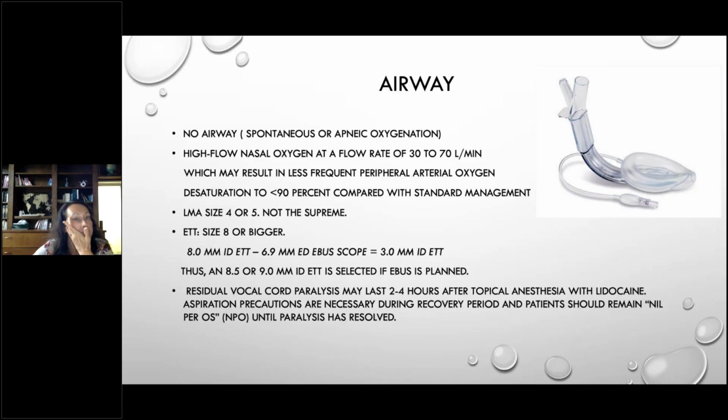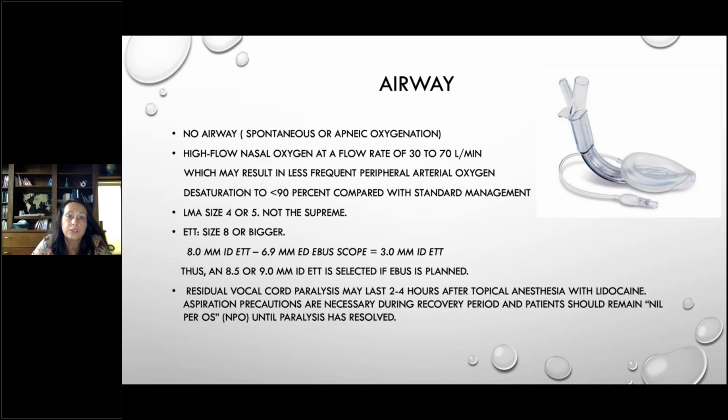If we decide to intubate the patients, we should intubate them with a large size endotracheal tube, size 8 or larger. Because if we use the 6mm EBUS bronchoscope with an 8mm internal diameter endotracheal tube, then the remaining cross-sectional area, and this is not exact math, more of an estimation, will be equivalent to the cross-sectional area of a 2.5 or 3mm endotracheal tube.